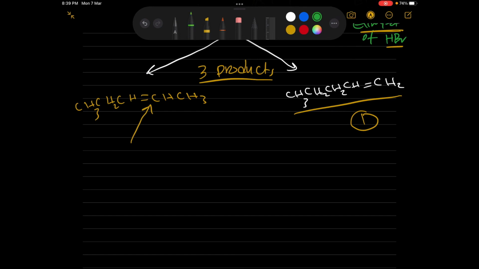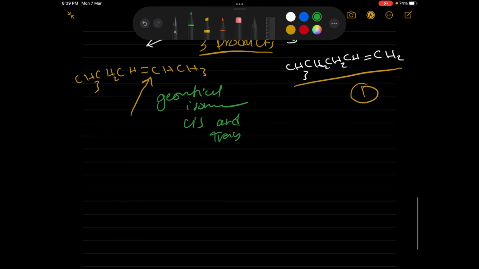First of all, you have to remember the geometrical isomers. The geometrical isomers indicate the presence of cis and trans. So it will be like this, CH3, you will draw CH, and here you have hydrogen, this is the double bond, this is C, and you have hydrogen, and here you have C2H5.